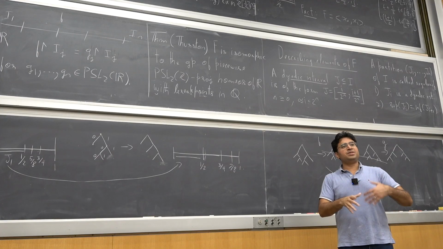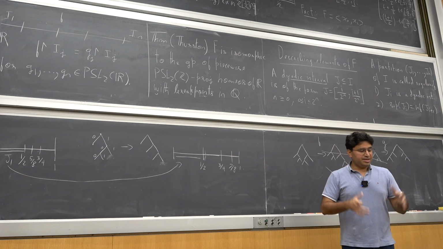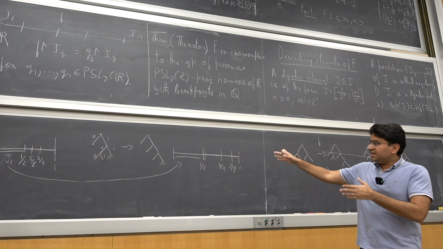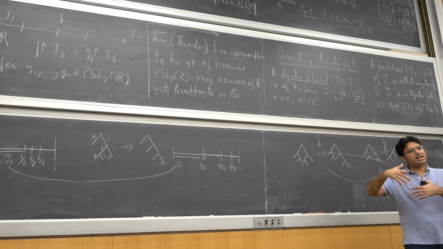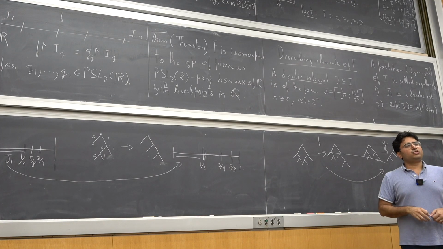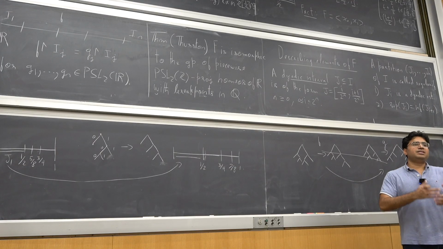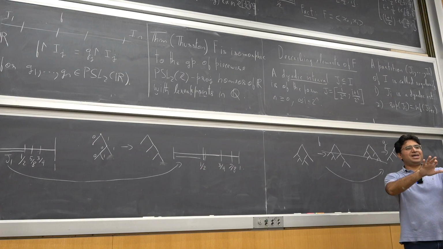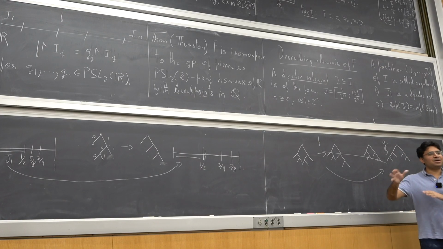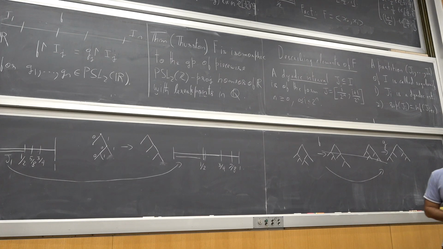Grigorchuk's groups and self-similar groups act on the tree; they permute things around and preserve the edge relation. These maps don't preserve the edge relation, only up to finitely many edges, so there's an error. However, they do act faithfully on the boundary of the infinite rooted binary tree. I'll come to the boundary action in a moment.